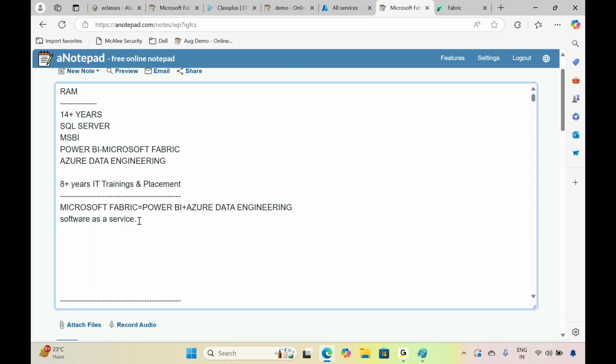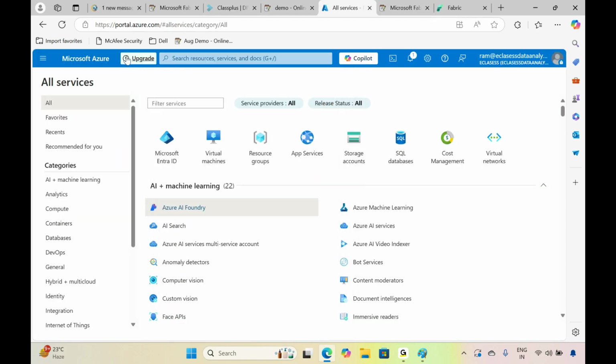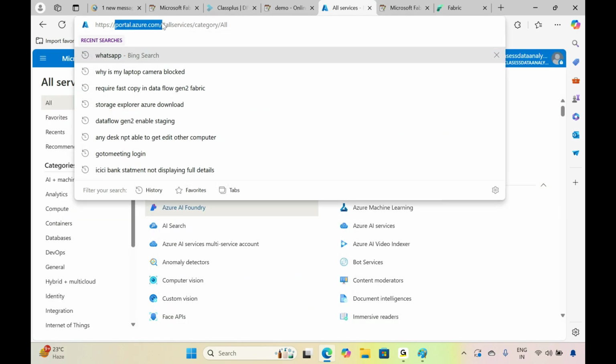So my suggestion would be to learn Microsoft Fabric. Why? Because the Azure Data Engineering course is going to end, because Microsoft is suggesting that anybody who wants to develop any projects using Microsoft Azure Cloud Data Engineering, see, this is the Microsoft Azure portal, portal.azure.com.